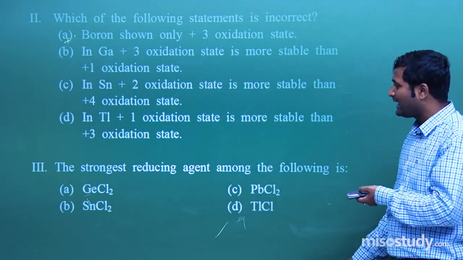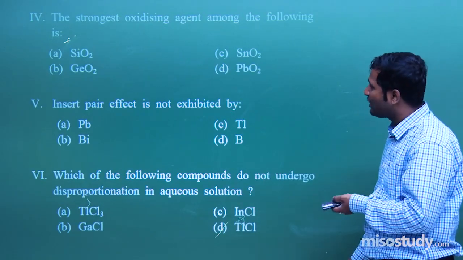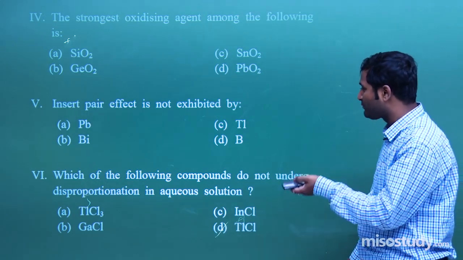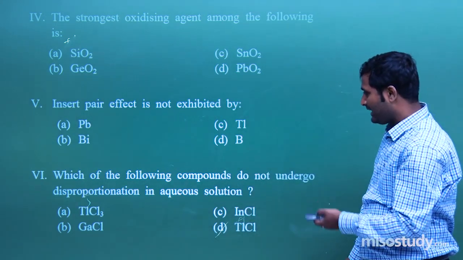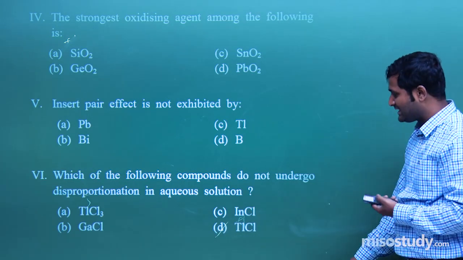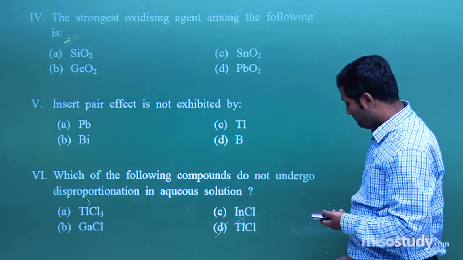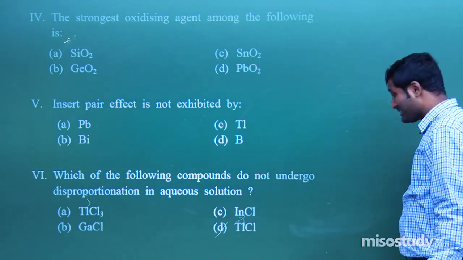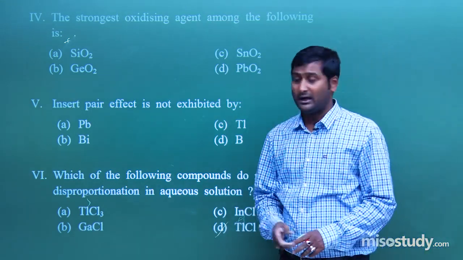Then here is A and B option, here is D option, here is B and boron, B option, not B, that is D option. Here is A and D option, TlCl3 and TlCl. Clear, friend? So this is the last question of today's lecture.